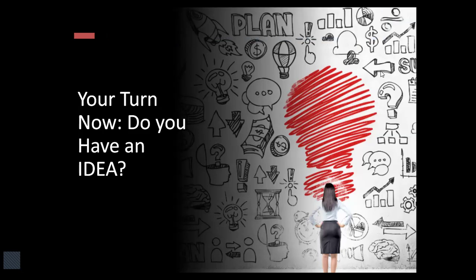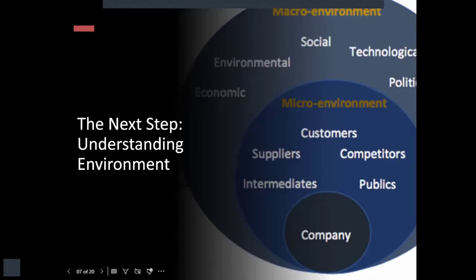So moving on to the next step, that is understanding the environment. First of all, we need to understand what the environment is all about. The environment is the surroundings that have an effect on an organization. As humans, all the surroundings that have an effect on the well-being and survival of humans are considered the environment.